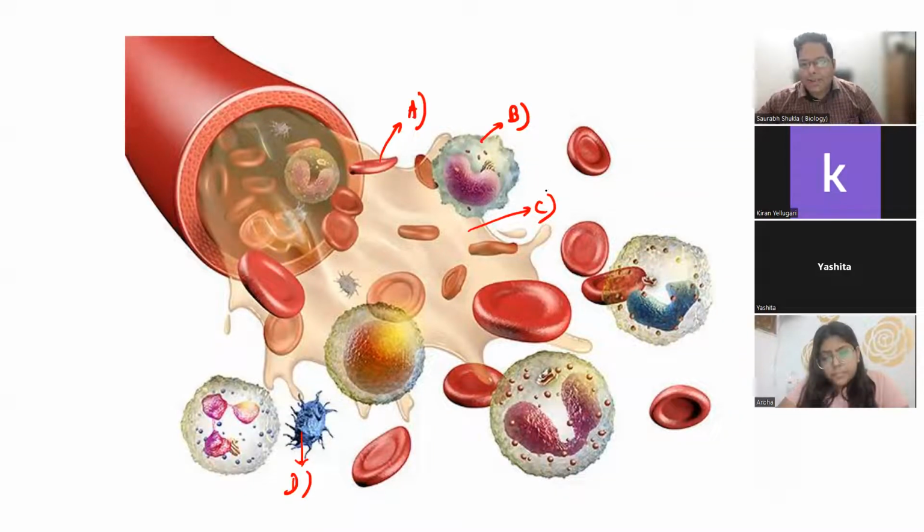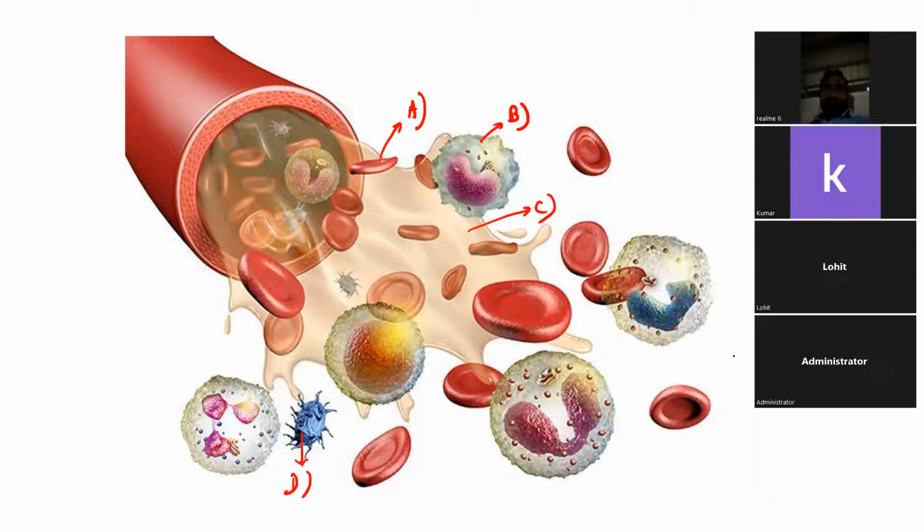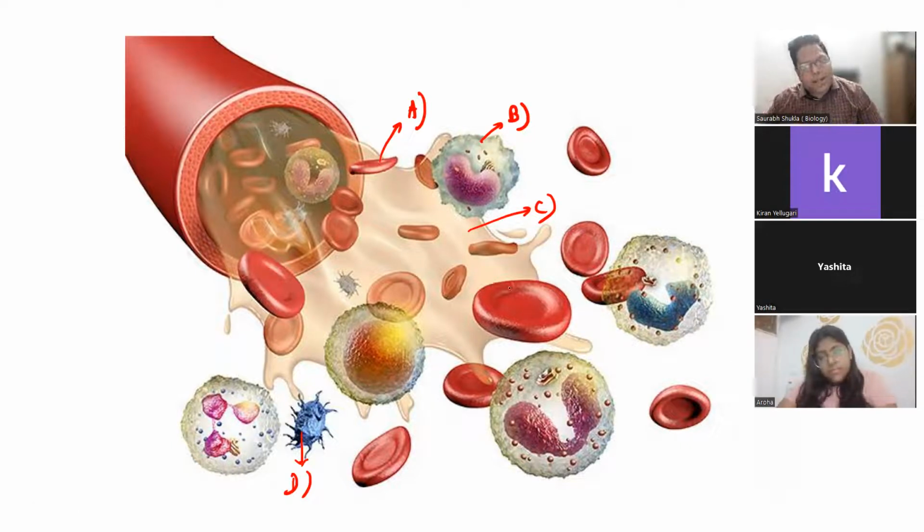Who will tell me what this diagram represents? A represents the red blood cells. Okay, only red blood cells are there in this image, Yashita? No, sir. C represents the plasma. Okay, that's great. C represents the plasma.